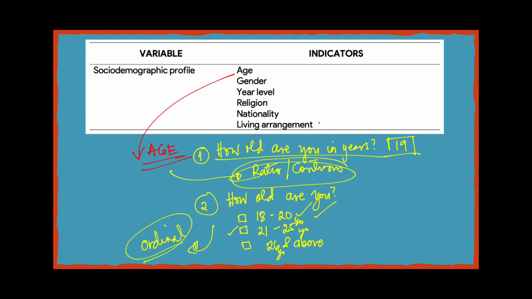Anyway, when you tally later on, if you want to do that, you can still do that post-survey. So this is for your ordinal. Okay, so this is for your age. So I would prefer that you ask age as a continuous variable rather than an ordinal variable.